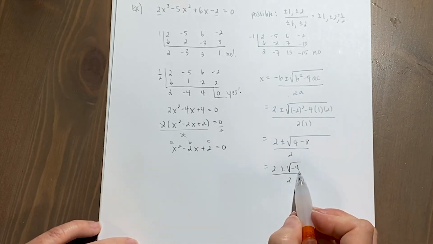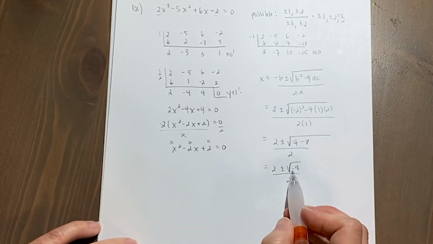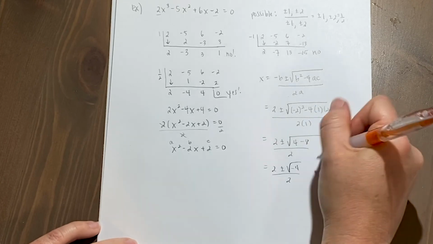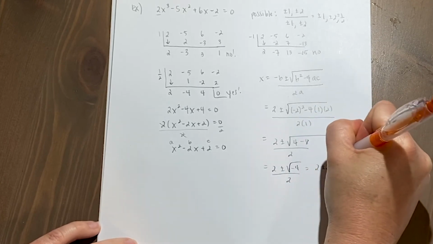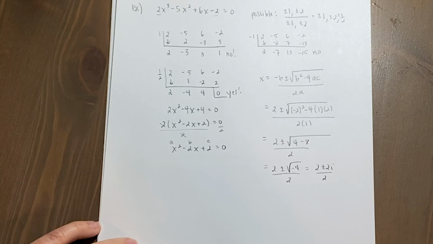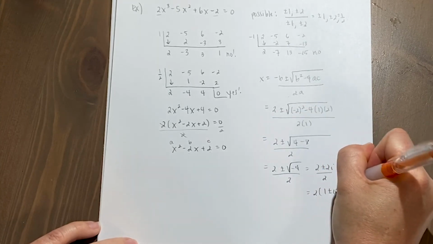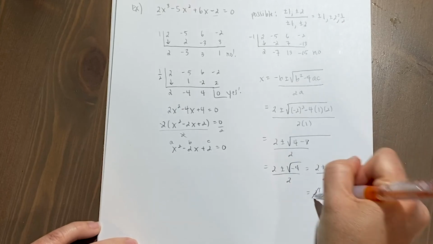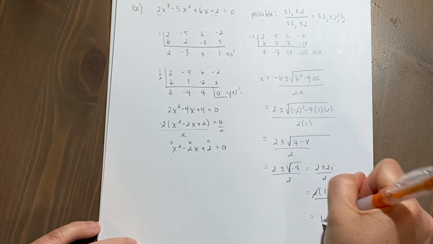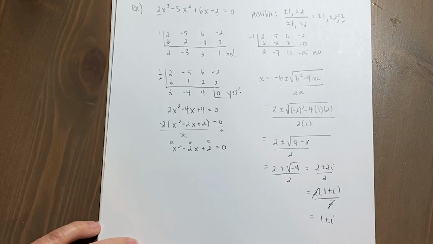We know that the square root of 4 is 2, and the square root of negative 1 is i. So this is 2 plus or minus 2i all over 2. On the top, you can factor out a 2, and that allows you to reduce. So our final answer here is 1 plus or minus i.